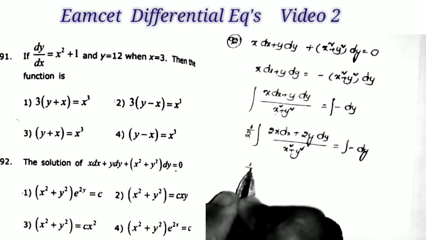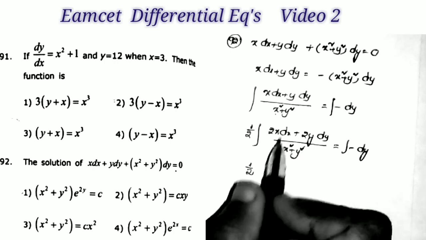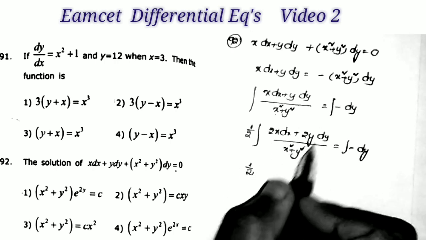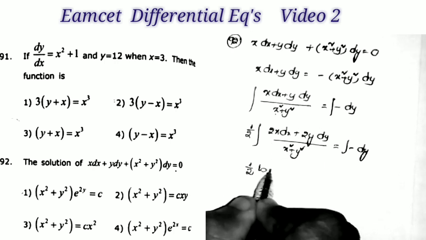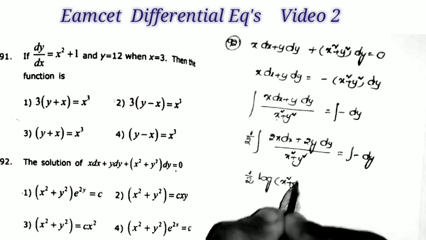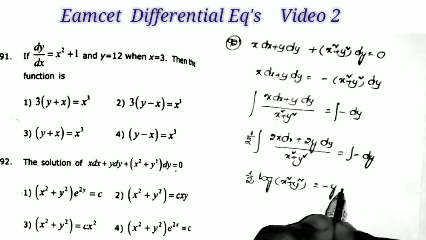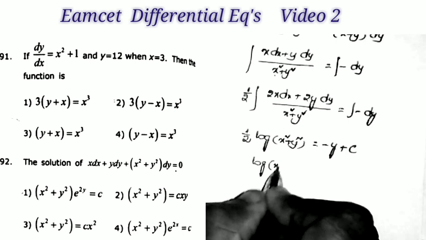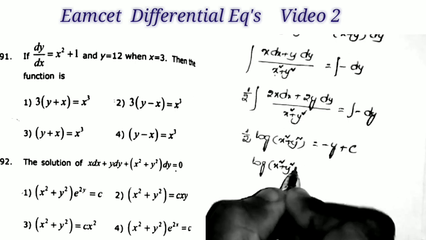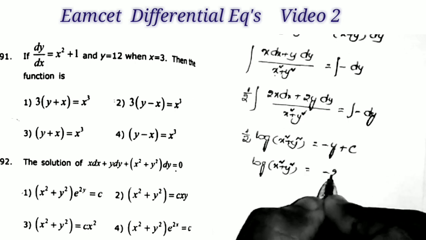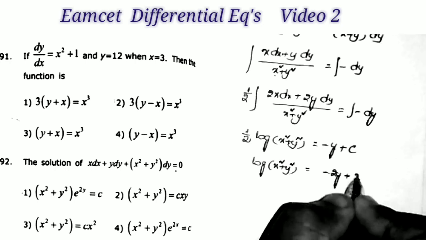Now this is 1 by 2 into. So clearly this is in the form of f dash of x by f of x, which is equal to log f of x. That is, log of x square plus y square is equal to integral minus dy, that is minus y plus c. Now taking the cross product here, log of x square plus y square is equal to minus 2y plus 2c.